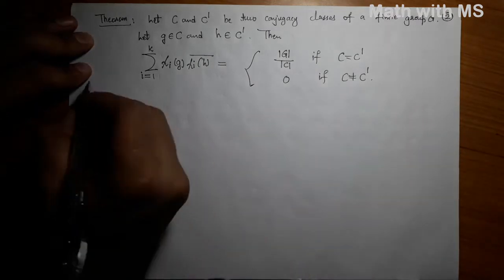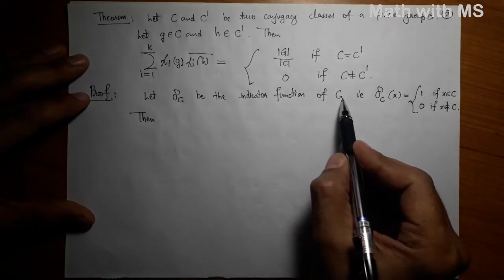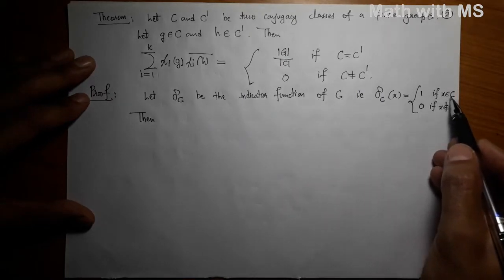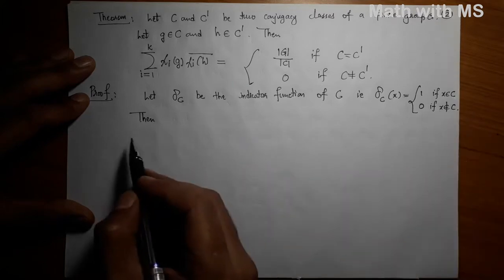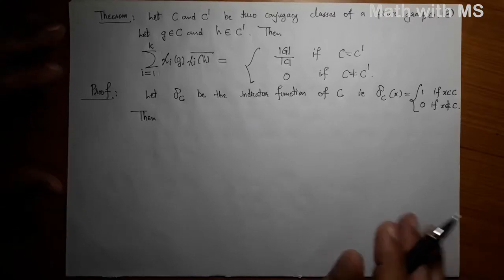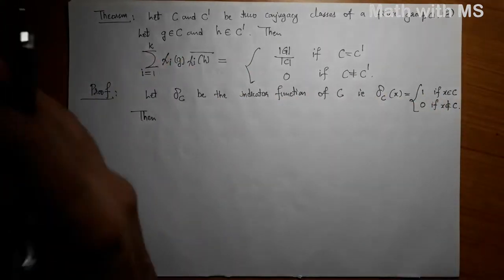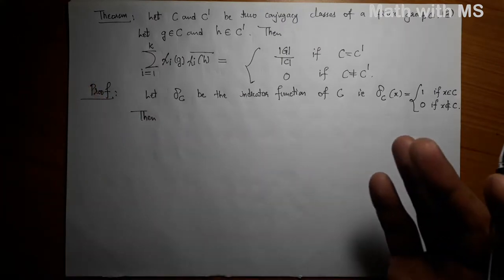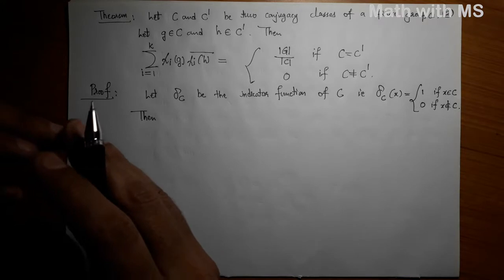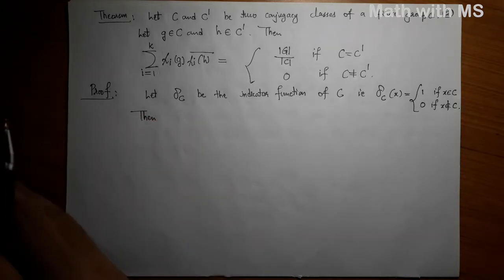So let's prove it. Let delta C be the indicator function of a conjugacy class C, that is delta C of x is 1 if x is in C and 0 if x is not in C. Recall that if chi1, chi2, up to chi k and c1, c2, up to ck are the irreducible characters and the conjugacy classes of your group respectively, then both of them are orthonormal bases for the center of the group algebra.